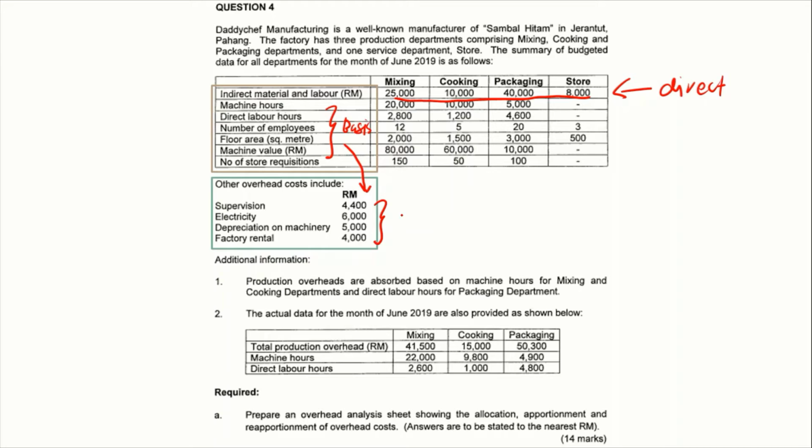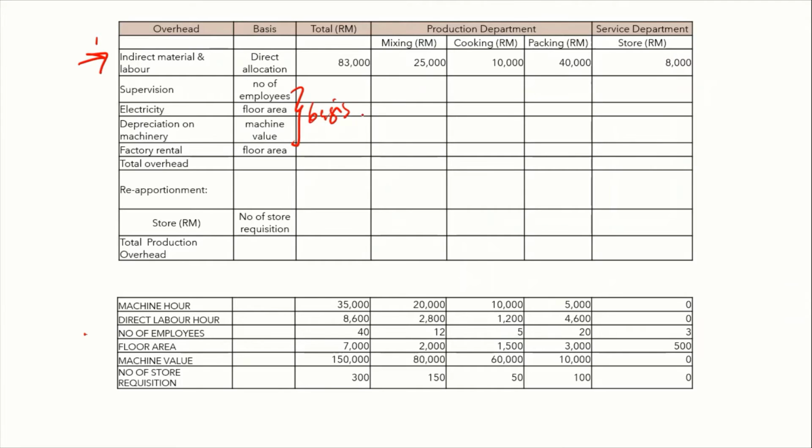So this is the total for each cost, and you can have the total overhead here based on the row and the column, and your row will also end up in this total. If your row doesn't add up to that total, there's something wrong in your calculation.